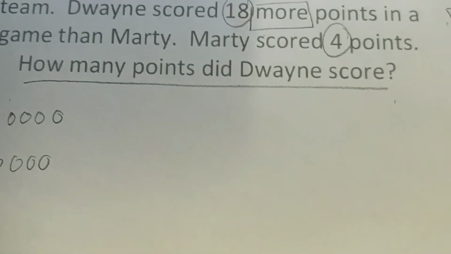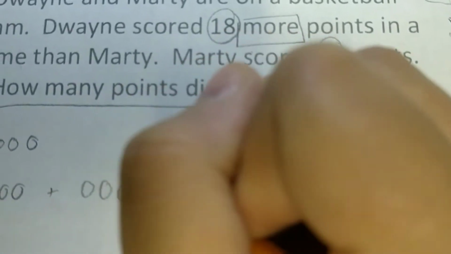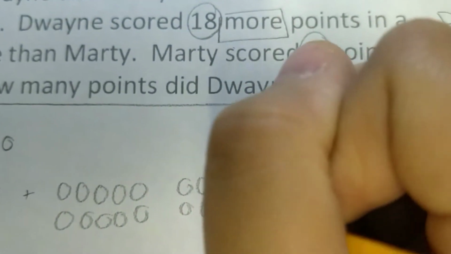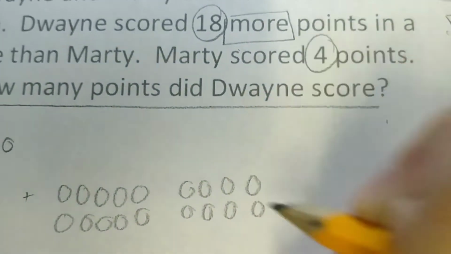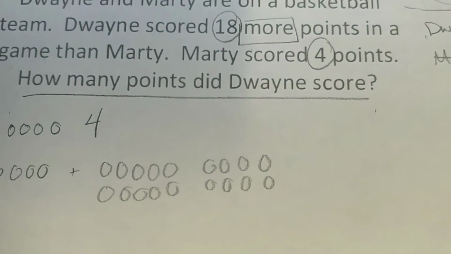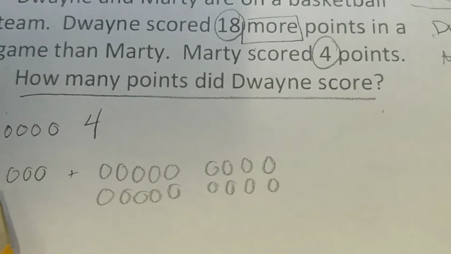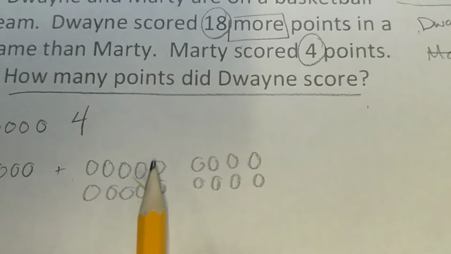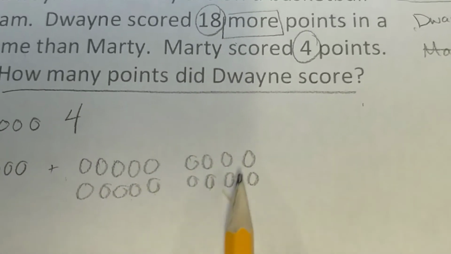Then I can draw just 18 more. So plus 18. 2, 3, 4, 5, 6, 7, 8, 9, 10, 11, 12, 13, 14, 15, 16, 17, 18. So Marty has 4, and Dwayne has 1, 2, 3, 4, 5, 6, 7, 8, 9, 10, 11, 12, 13, 14, 15, 16, 17, 18, 19, 20, 21, 22.